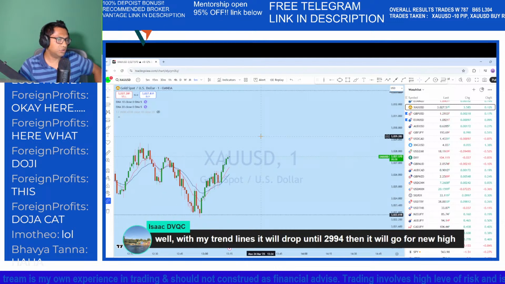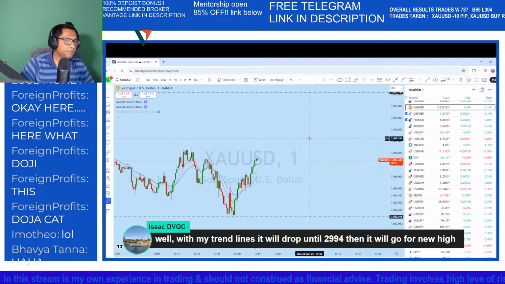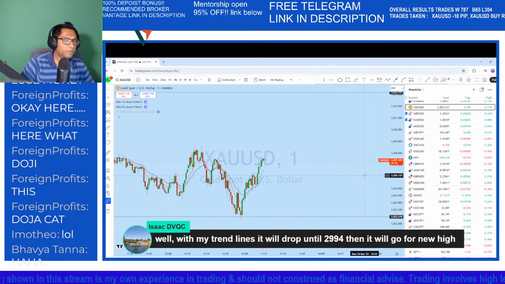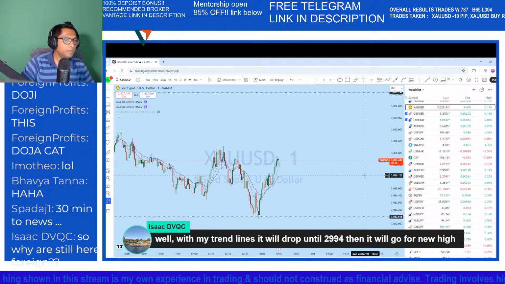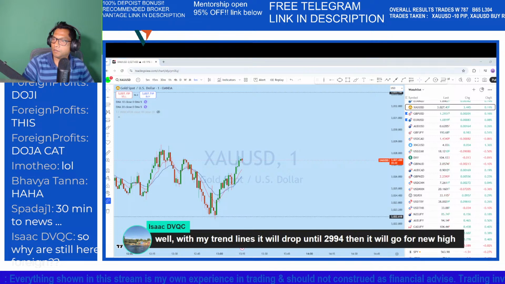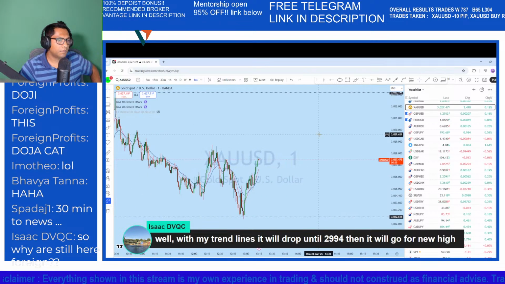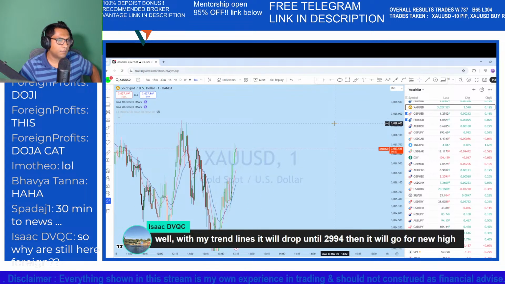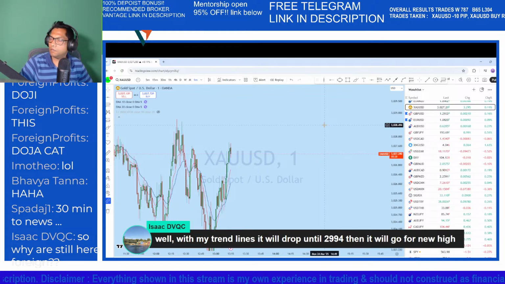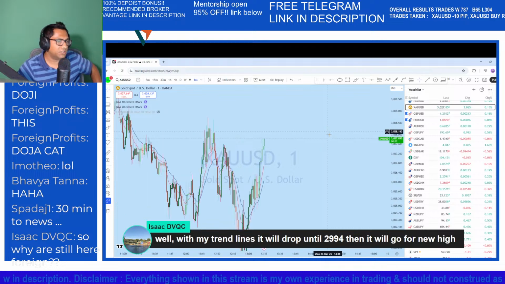Yeah, potential trend continuation possible here with another momentum. Okay, bullish price action is being formed in that area.